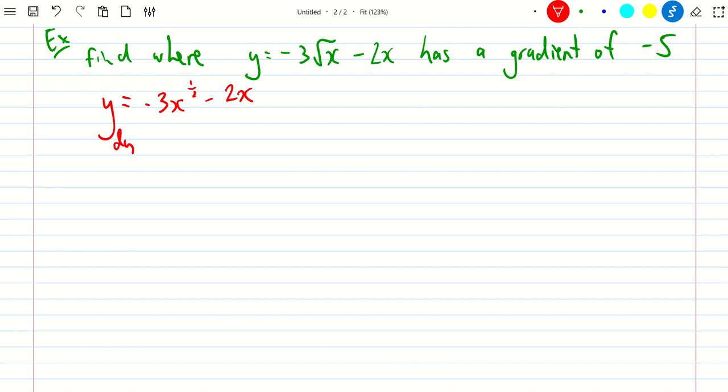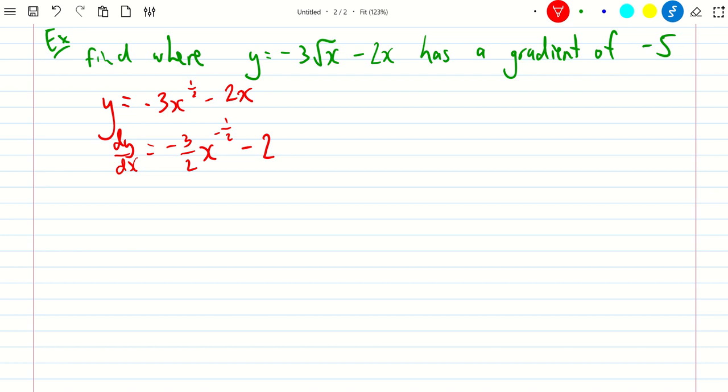Now, dy dx, my derivative of y with respect to x, is equal to, half comes down the front. So that's going to be negative 3 over 2, with the half coming down the front, x, and we subtract 1 from half, and we get negative half. And then the derivative of negative 2x is just negative 2. Okay, so there is my derivative.